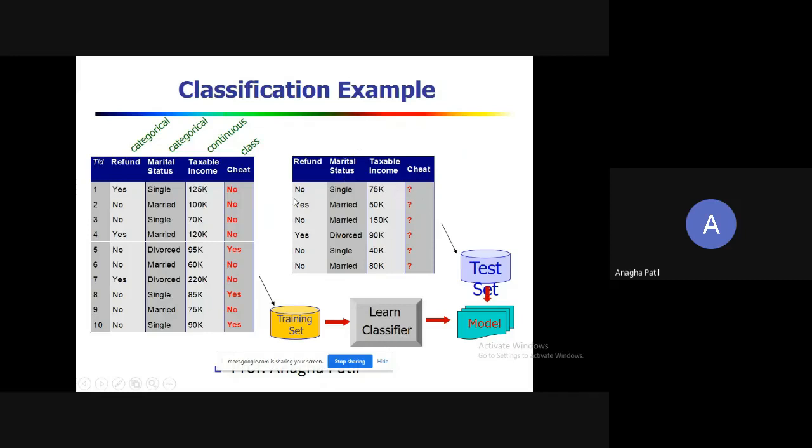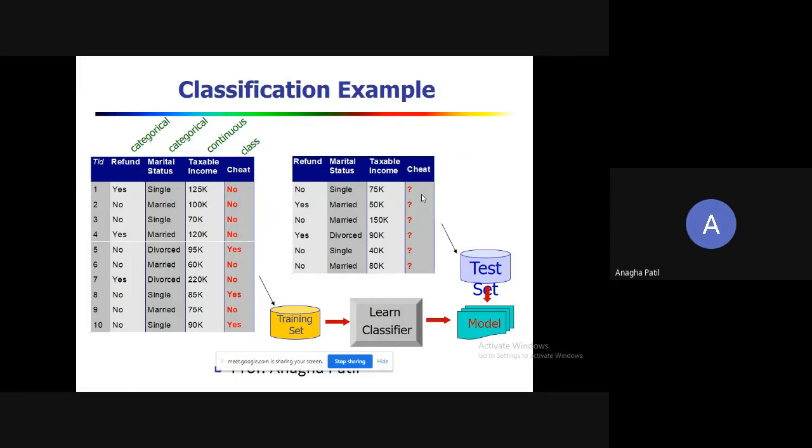Now this is the test set provided to us, where let's say we are looking at the first sample where refund is no, marital status is single and 75k is the taxable income. What would be the predicted class for it?